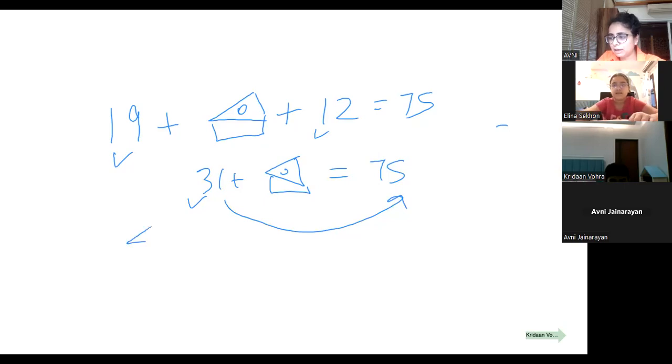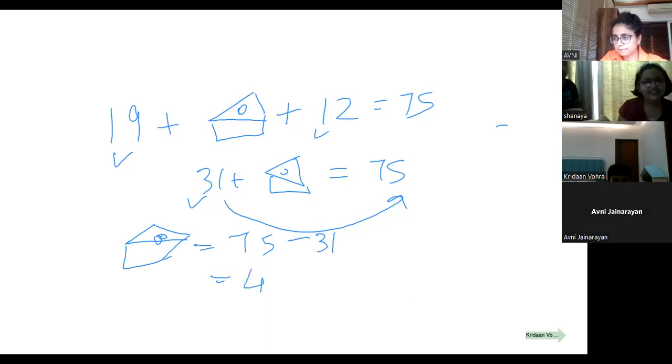So now we will just have the cake slice, and we will write 75. Elena, go ahead. 75 minus 31. Give me the answer. Yes. So the answer is correct.